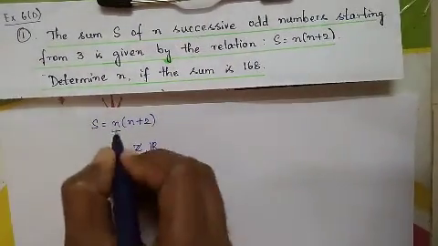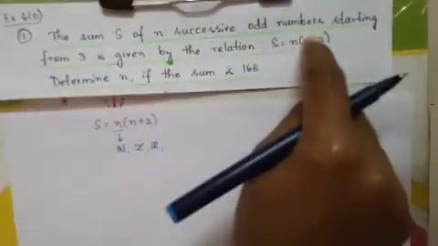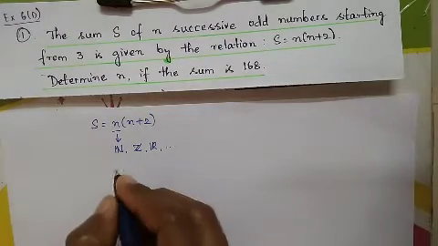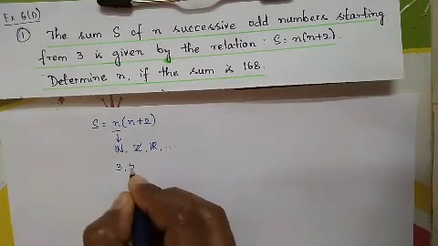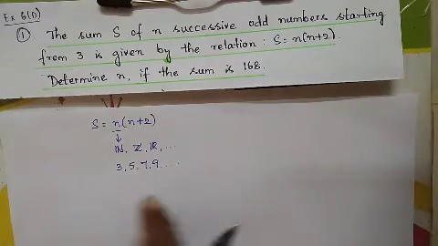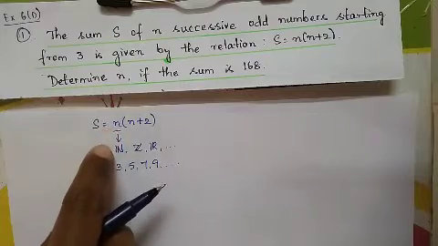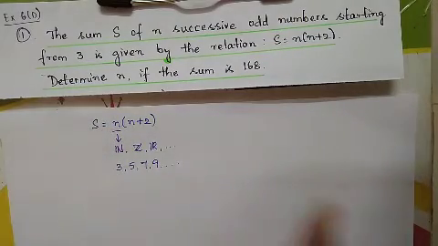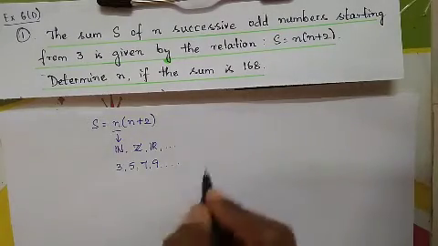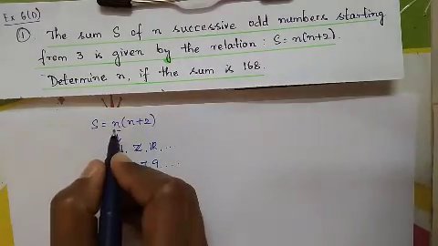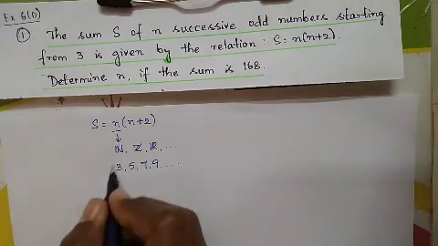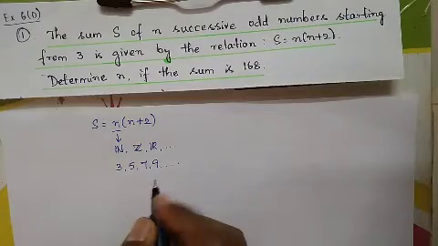So here I want the numbers to be the successive odd numbers starting from 3. So I want 3, 5, 7, 9 and so on. Here the number has to be chosen from the number system. There is no number system to represent only these numbers.